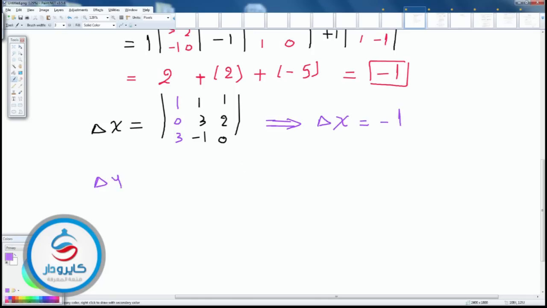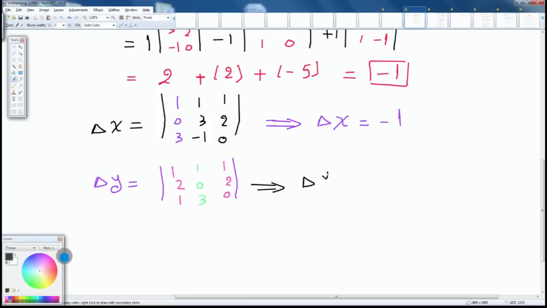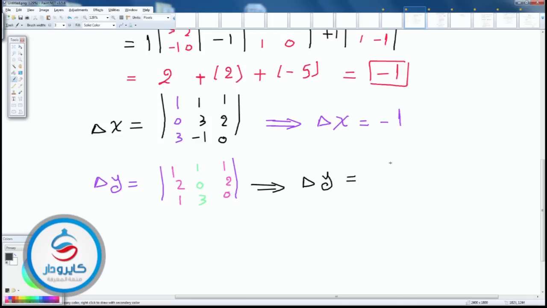By using delta y again, as we know, delta y, it will be 1, 2, 1, 1, 2, 0, and change the middle by 1, 0, 3. So delta y will be 2.